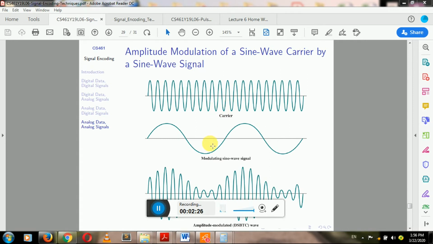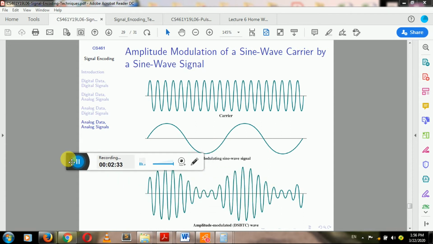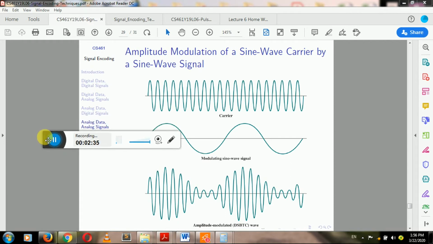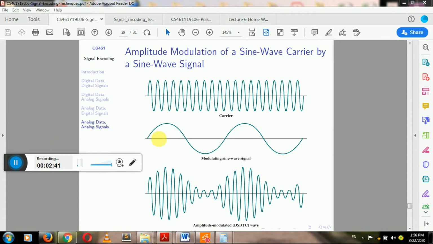So we can see the resulting signal we transmit. You can see that there is a variation of amplitude depending on our input data. So this is a carrier frequency of 950 kilohertz, and the human voice is 4 kilohertz.